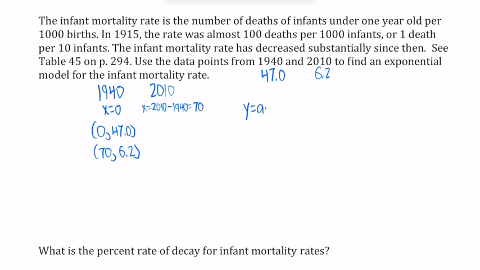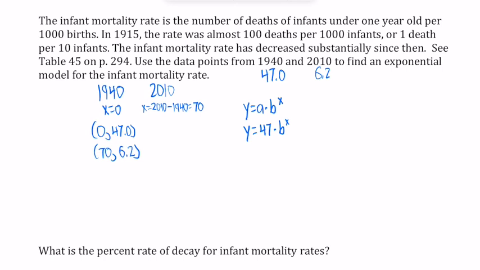Remember, that means we're looking for something of the form y equals a times b to the x. And because we set up 1940 to be our starting year, we already know where the starting value goes. We already know that a would be 47. So here we will have y equals 47 times b to the x.